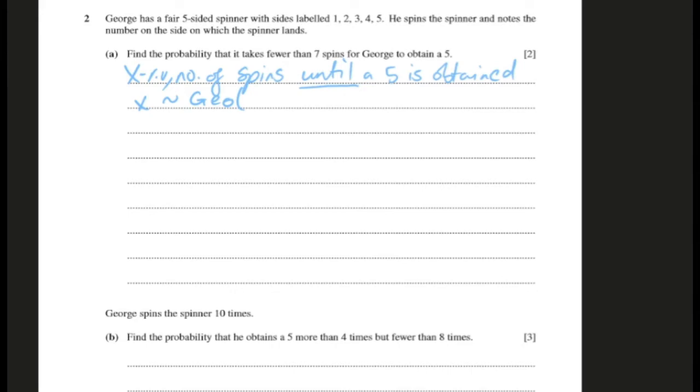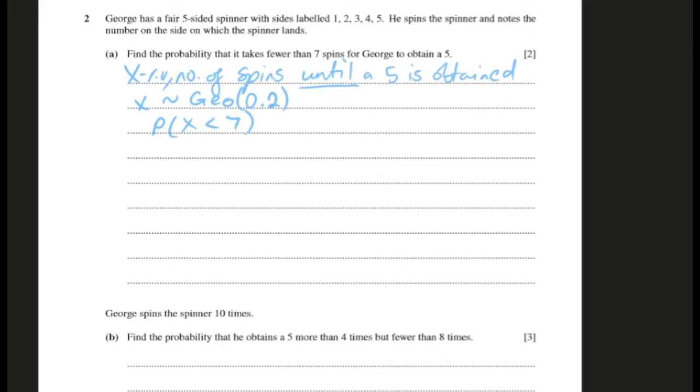And we want the probability that it takes fewer than 7 spins for George to obtain a 5. So we want the probability that x is less than 7. And here we could just evaluate x equals 6, 5, 4, 3, 2, and 1. But that would be too tedious and would take way too long. We can use one of the shortcuts.